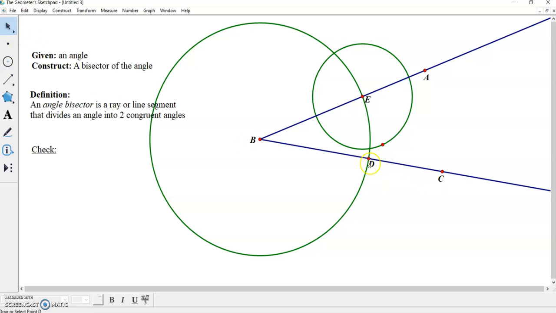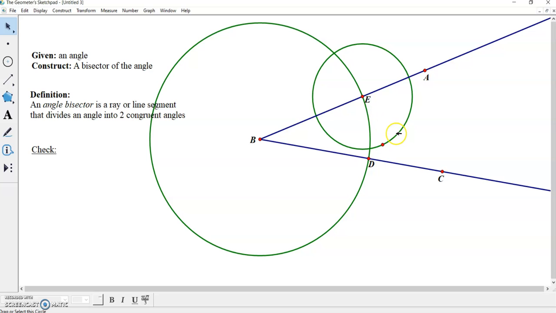So now, like I said earlier, I want to construct a circle centered at D that has the same radius as my circle centered at E. However, if I came over here to the circle icon and just manually constructed the circle, it most likely would not be the same radius, but I need the radii to be equal to one another.